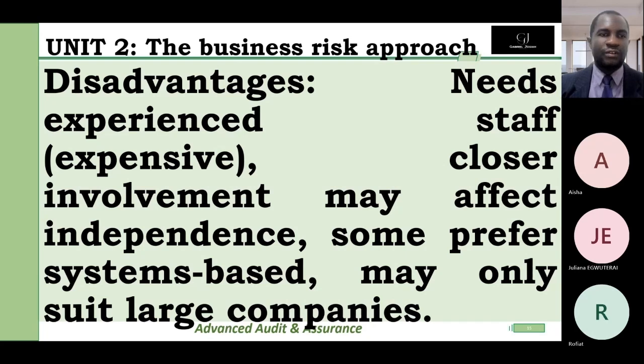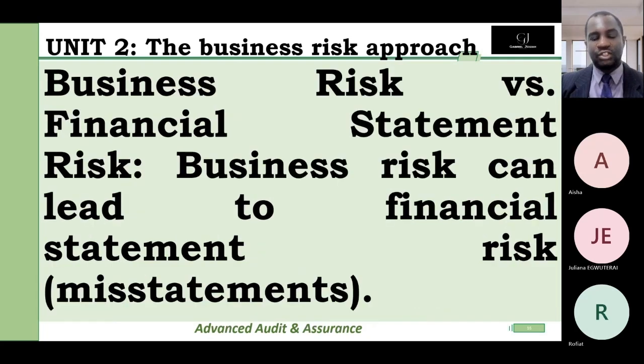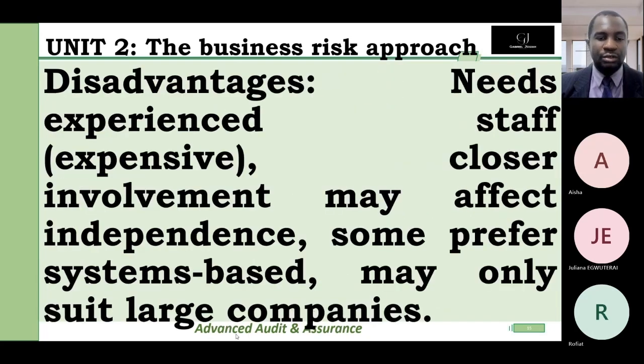You have to know the stuff practically. So the experienced staff based on qualification is expensive. To employ a chartered accountant now in Nigeria and a BSc, the gap is wide. So the closer involvement may affect independence. Some prefer a system-based approach, and it may only suit large companies based on what we've been looking at basically.